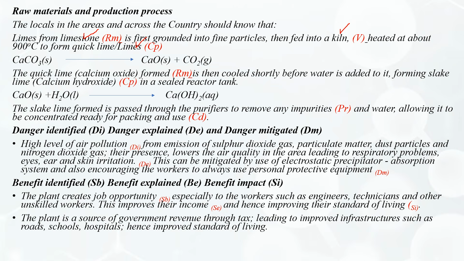That is a chemical process, and it has an equation. We say let's not forget our chemistry. Then quicklime, which is calcium oxide, is cooled shortly before water is added to it, forming slaked lime.